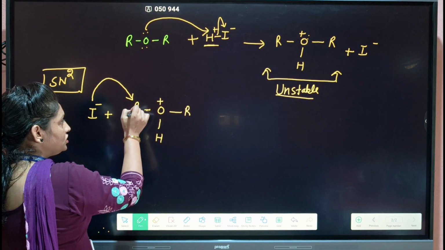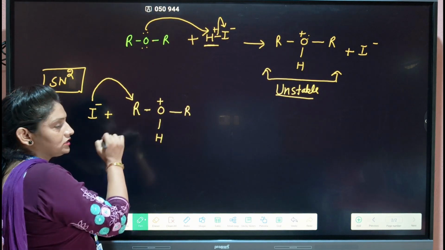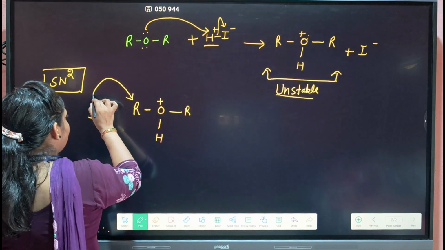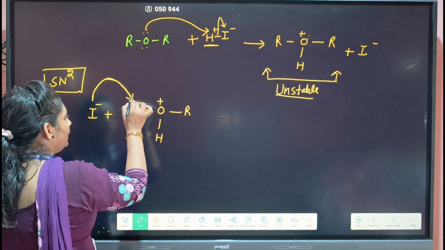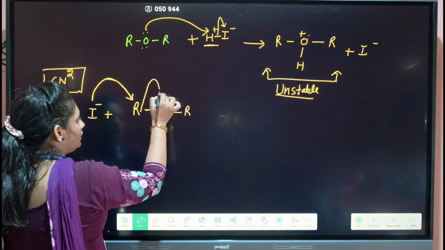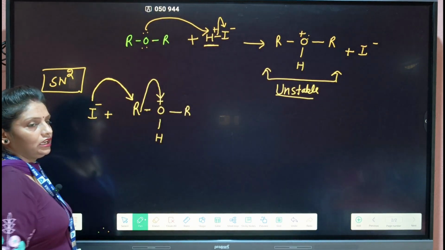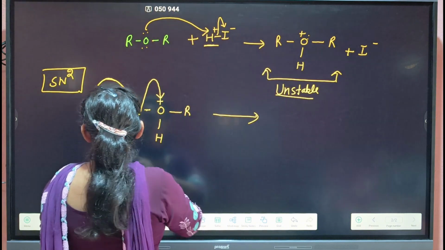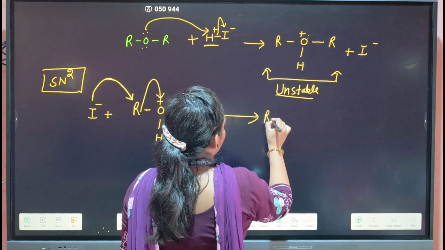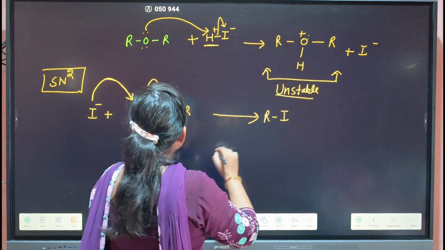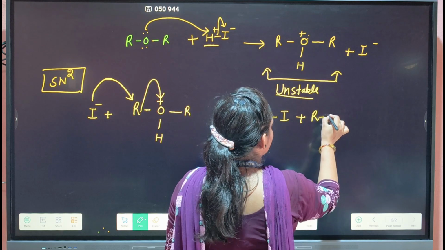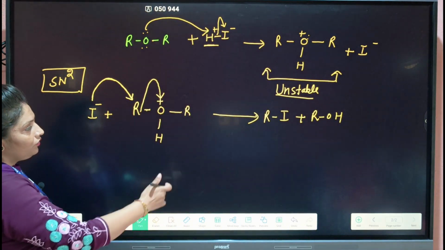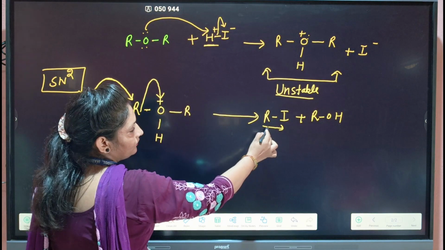So some deficiency of electrons takes place at this carbon. Clear or not? So from here, this iodine will support this one and it will take electrons again. So finally, what will we get? We will get RI plus alcohol. So in this way, we can get the product.